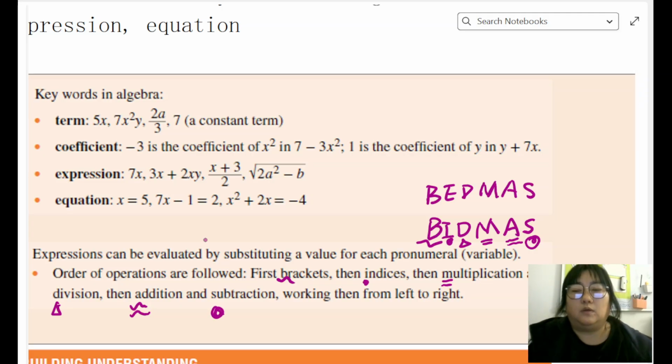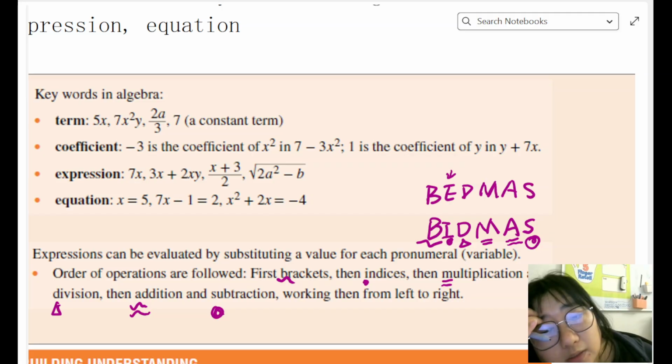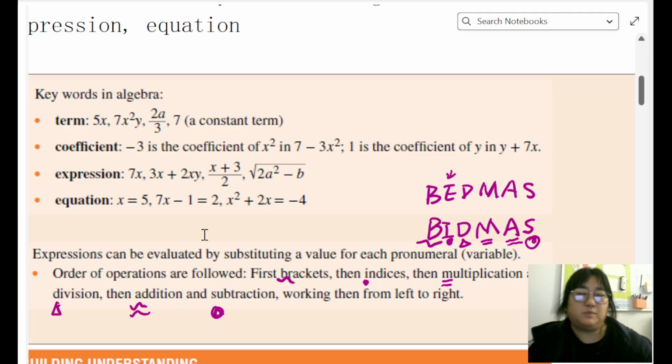We can use BIDMAS or BEDMAS, depending on the textbook. If we're talking about BEDMAS here, E means exponent, another way we call the index. So index or exponent, they mean the same.